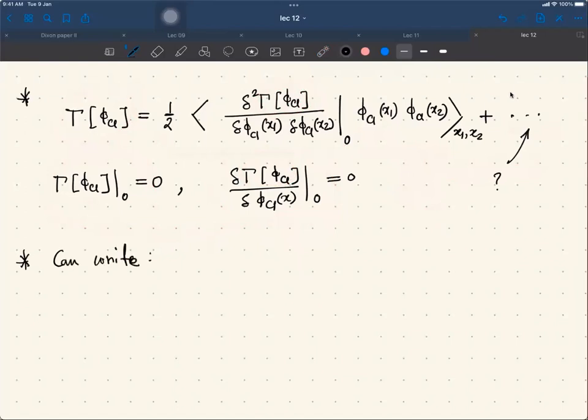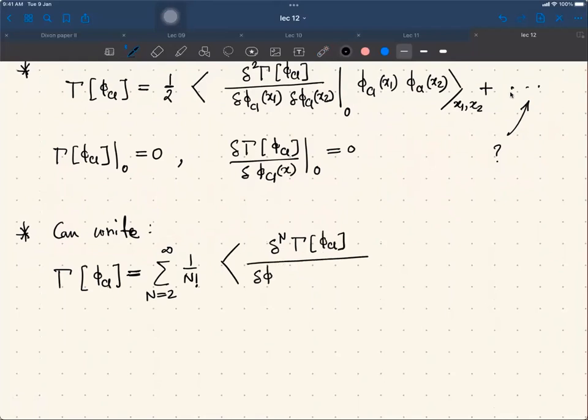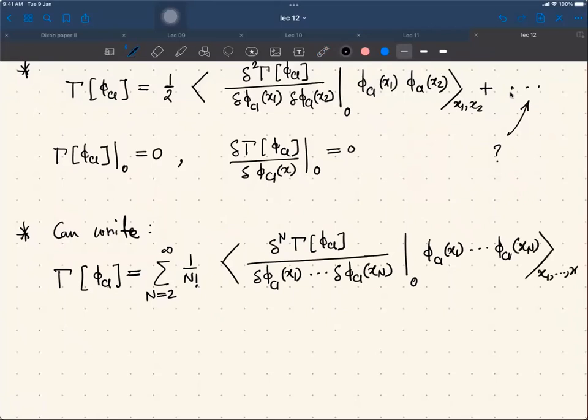Just like this is a second order term of a Taylor expansion, the full Taylor expansion will look like the sum over n equals 2 to infinity of 1 over n factorial, ∫ dx1 to dxn, δⁿΓ[φ_CL] divided by δφ_CL(x1) ... δφ_CL(xn) at 0, times φ_CL(x1) to φ_CL(xn).